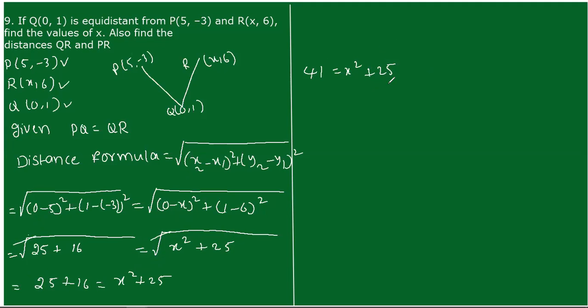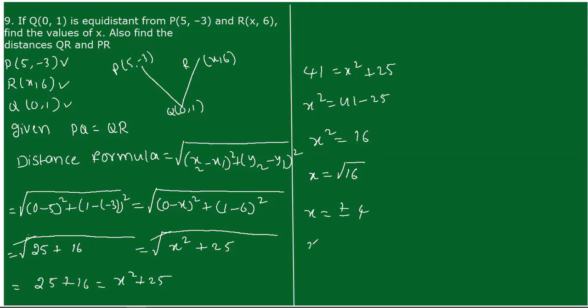Let's send this 25 to the other side: x square is 41 minus 25, so it is 16. So x is equal to under root of 16.